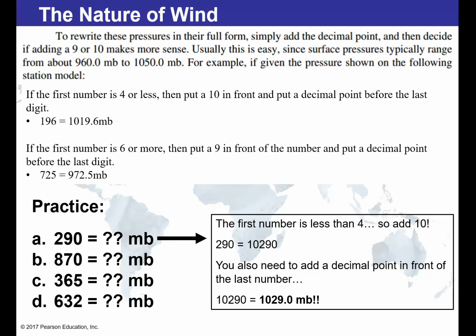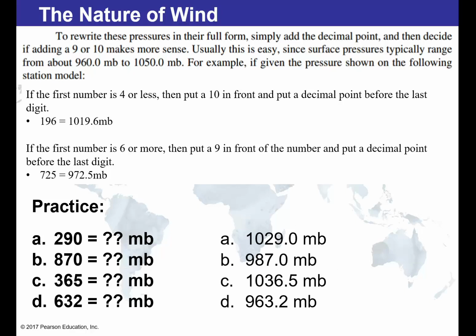So the actual millibar reading, not the abbreviated version, would look like 987.0 millibars. Go ahead and test yourself for C and D, and you can see the examples on my next slide. If you don't have the answers yet, go ahead and pause the video now, otherwise the answers are going to be spoiled for you.